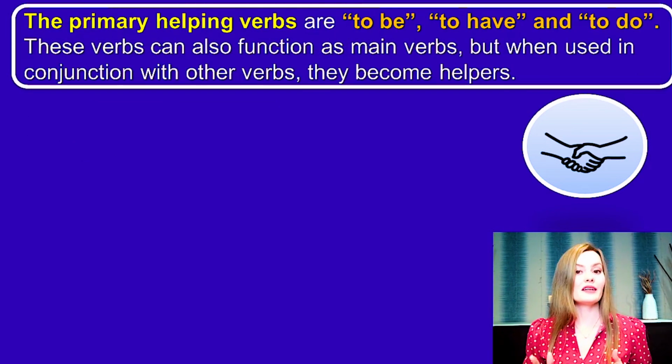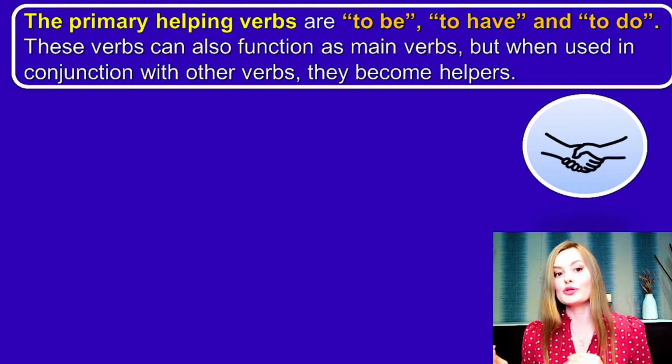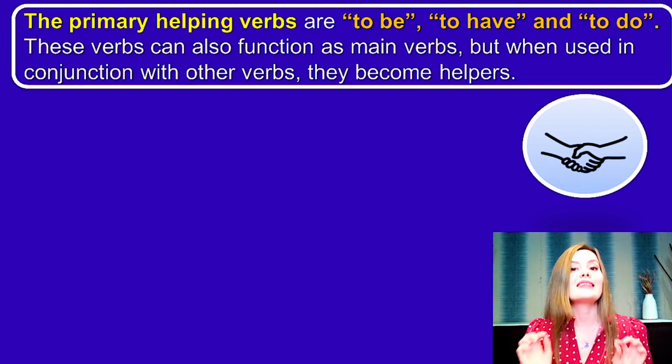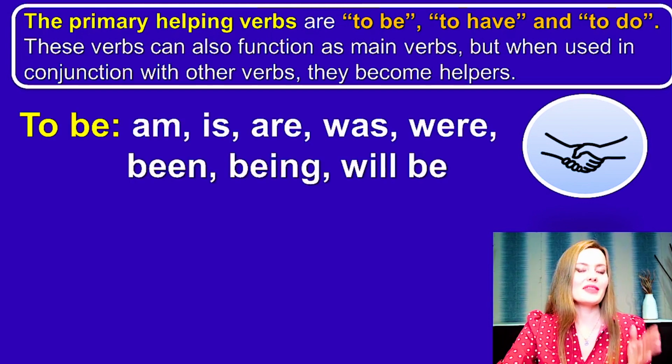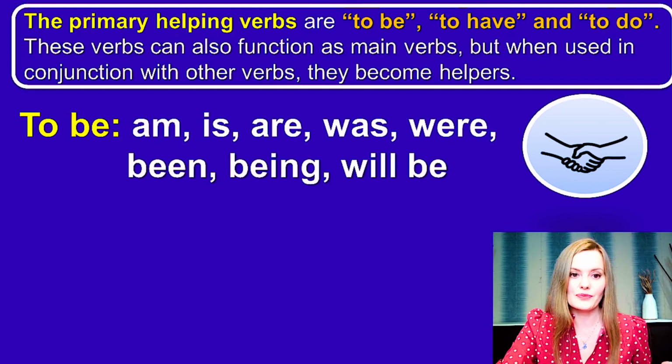The primary helping verbs are to be, to have, and to do. These verbs can also function as main verbs, but when used in conjunction with other verbs, they become helpers. So these are the forms of the verb to be that you can see in different sentences in English.